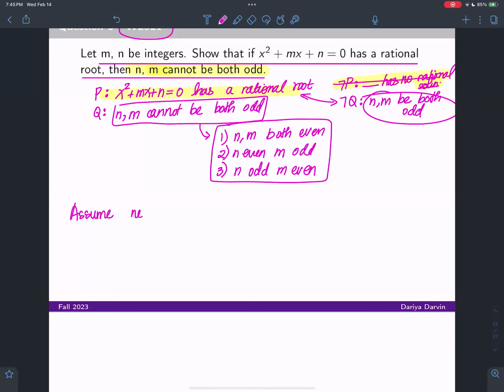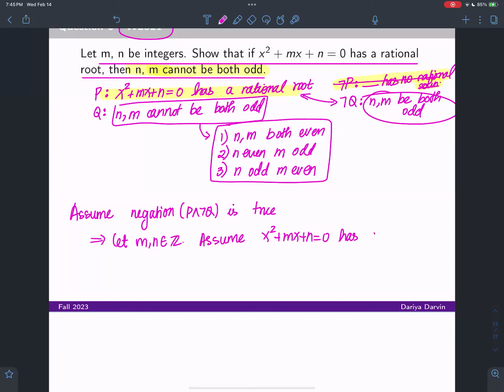So assume we're doing contradiction. Negation is true, which is P and not Q is true. Which means let M and N be integers. Assume x squared plus mx plus n equals 0 has a rational solution.